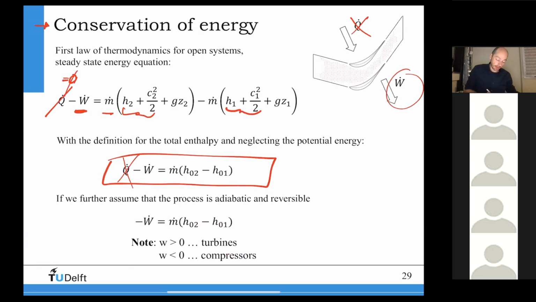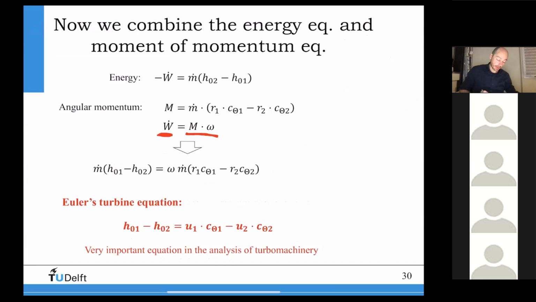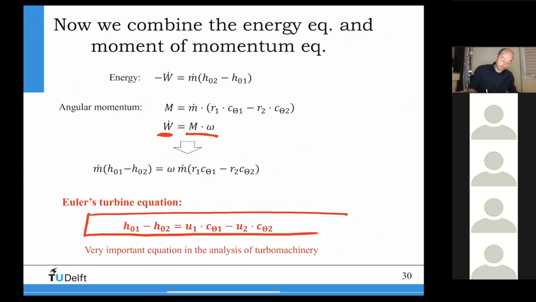This is 0, and then I get this equation. Now I have two equations for W. The first one is mass times H02 minus H01, and I had the other equation before, which was my momentum times omega, and if I do that, at the end, I will arrive at the Euler equation in a very simple way, okay?